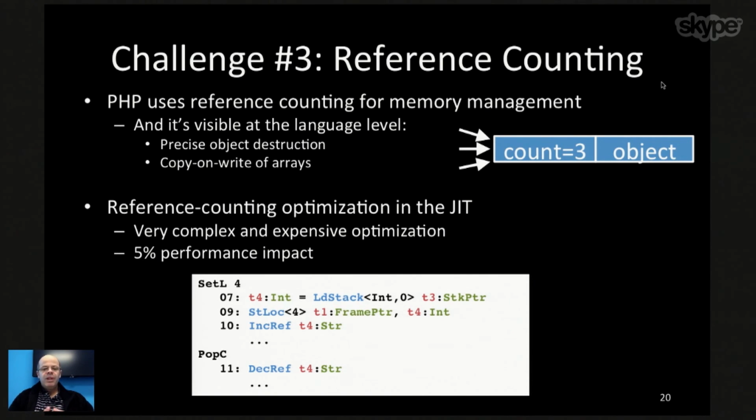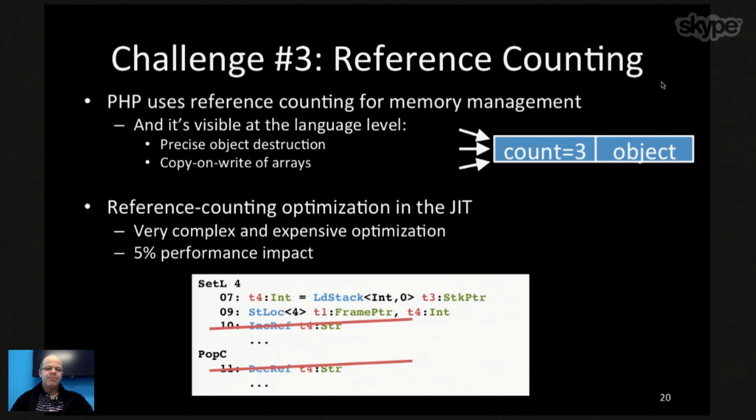And then once we represent those in the IR level, we can also do lots of analysis and optimization to try to prove that you don't need those increfs and decrefs in many cases and eliminate them altogether. So in this case, you can prove that no one will observe the change in the count, and then eliminate those instructions.